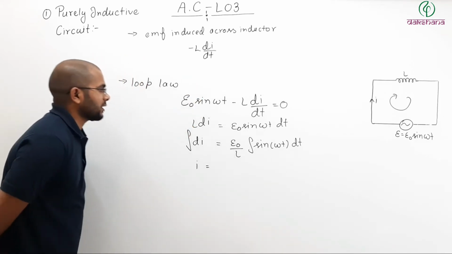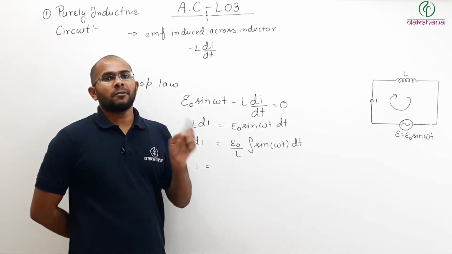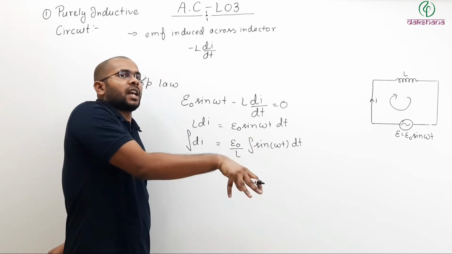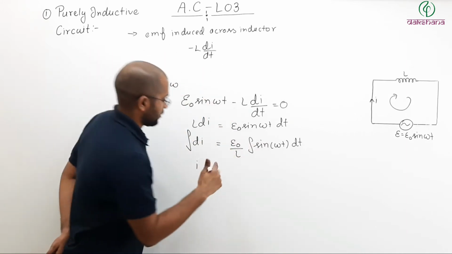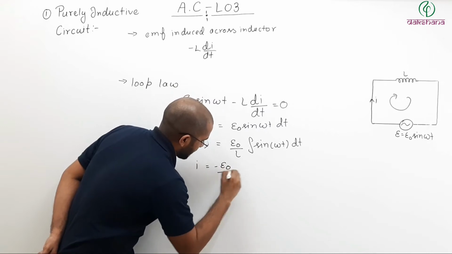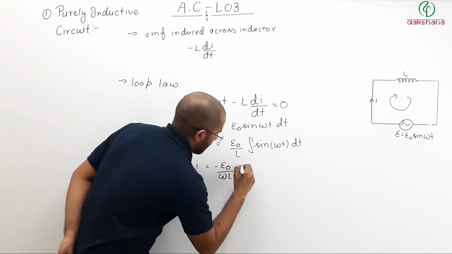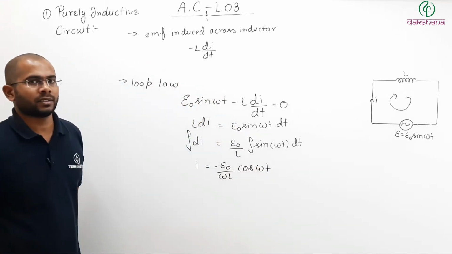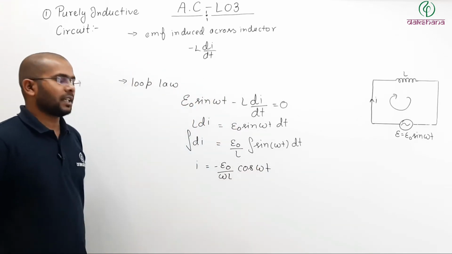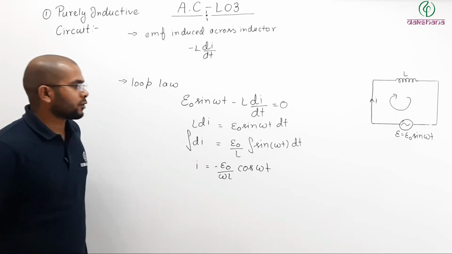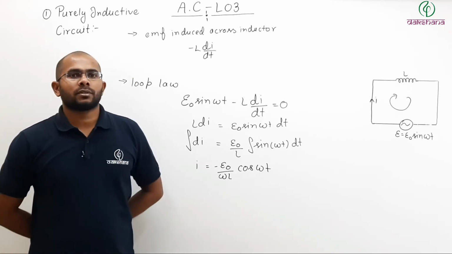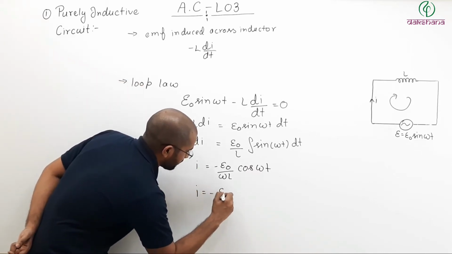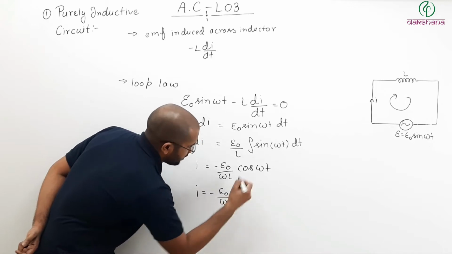The integration of sine omega t will be minus of 1 by omega cos omega t, because the differentiation of cos is sine. So the integration of sine gives minus cos. So minus of E naught by omega L cos of omega t. That is your integration, so that comes out to be your current. Now cos omega t may also be written as how? I is equal to minus of E naught by omega L.